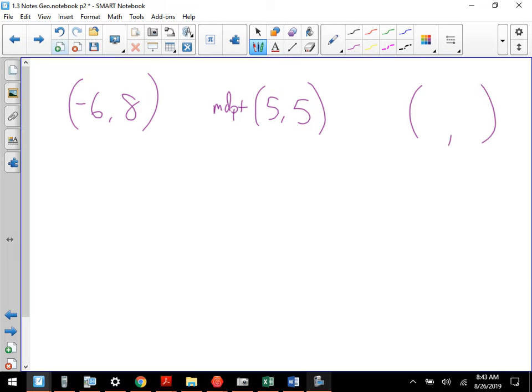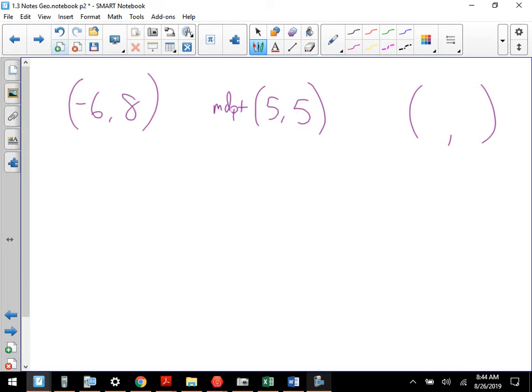What's the other endpoint? One of the things I started doing, because they were having a heck of a time visualizing what exactly is happening with these numbers and counting, is to think of using number lines twice. We're going to use the number line for the x values, and we're going to use the number line for the y values.